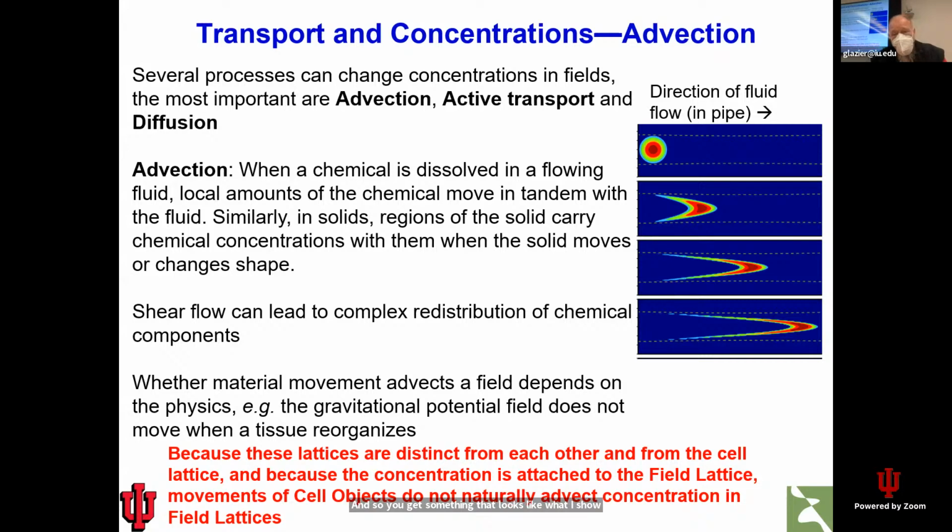So chemicals that are dissolved in a fluid that's moving are carried by the movement of the fluid. If I have a chemical attached to a solid and the solid moves, it's also carried by the movement of the solid. I don't typically get that advective movement for free in CompuCell, and that kind of movement can lead to very complex reorganization of chemical concentration.